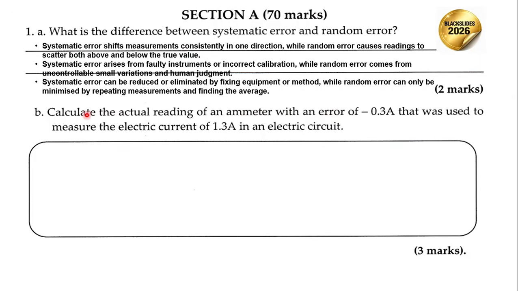So we are asked to calculate the actual reading of the ammeter, if it has an error of minus 0.3 ampere and a measured value of 1.3 ampere. So what was the actual reading? So the instrument reading is basically equal to true value plus an error.